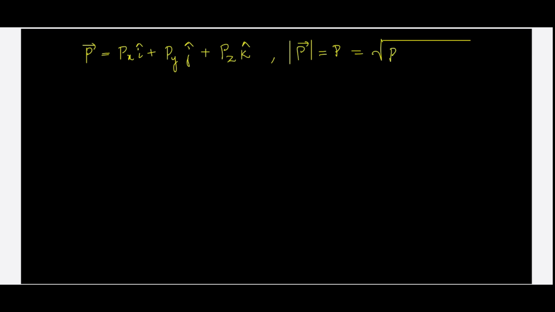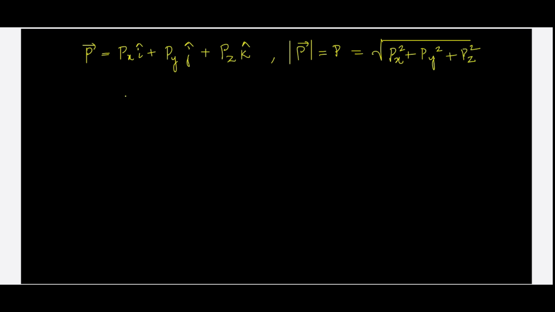Now you can extend this vector definition to 3D. Just include, so P is Px i cap plus Py j cap plus Pz k cap, and then you have the magnitude of P, which we will write as simply P without the arrow on top, equal to the square root of Px square plus Py square plus Pz square.